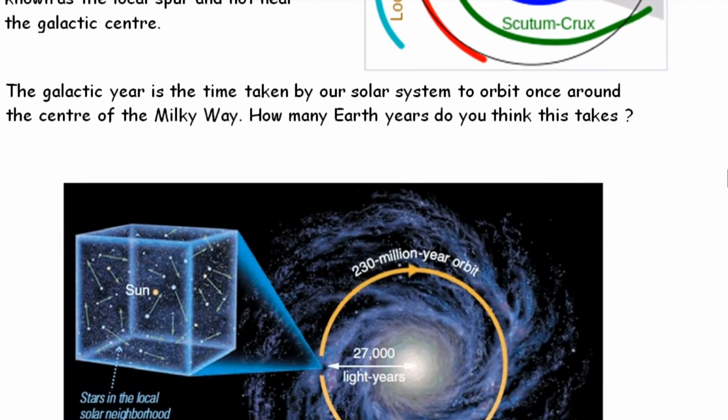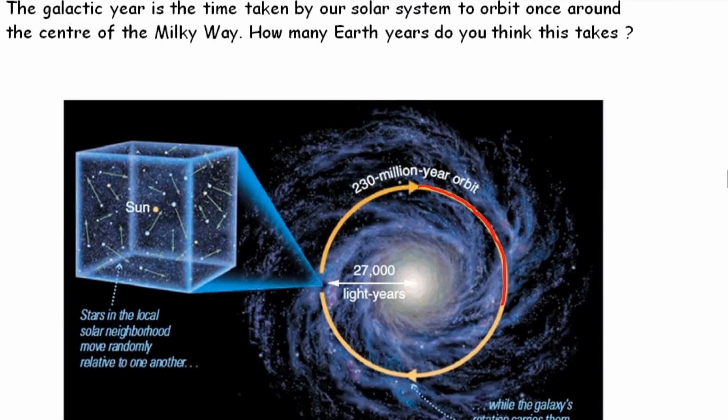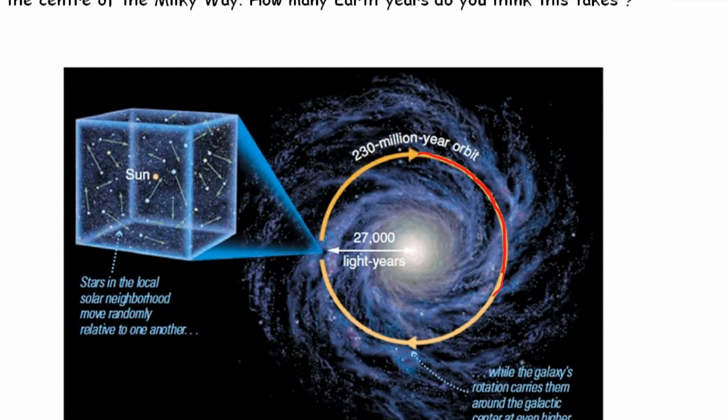It takes our solar system 230 million years to do this. Look at my red pen going round and round. 230 million years to orbit around the core of our galaxy called the Milky Way.